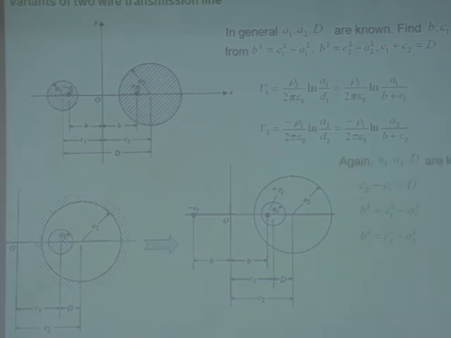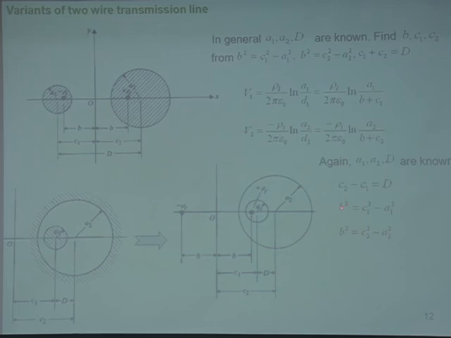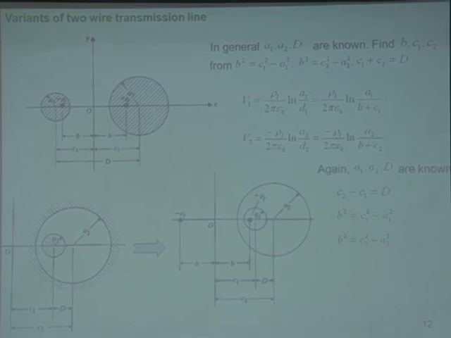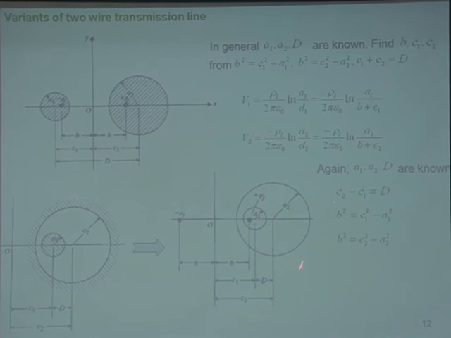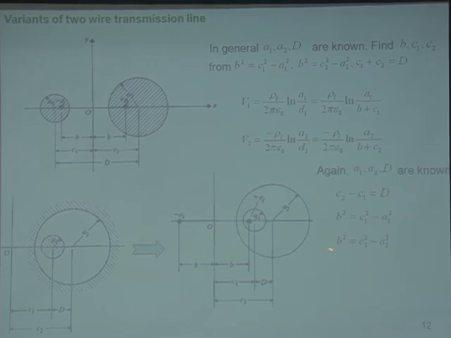Okay. Again, you can write down these two equations. Basically, this is known to you, this is known to you. B is a fixed value. And so you can adjust the location of this image charge. Therefore, B can be changed to satisfy this equation and also this equation at the same time. OK, 所以在这里头呢 C2 minus C1 is equal to capital D. So again, you have three equations to solve three unknown variables.